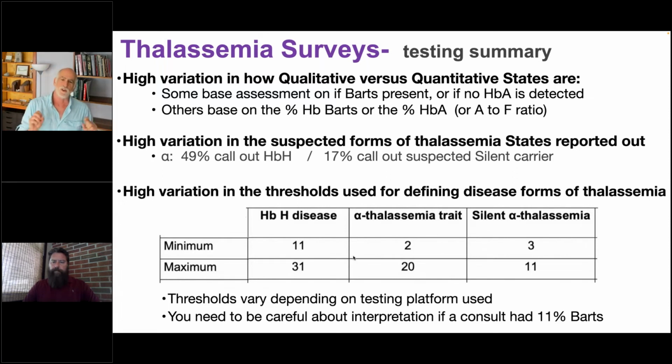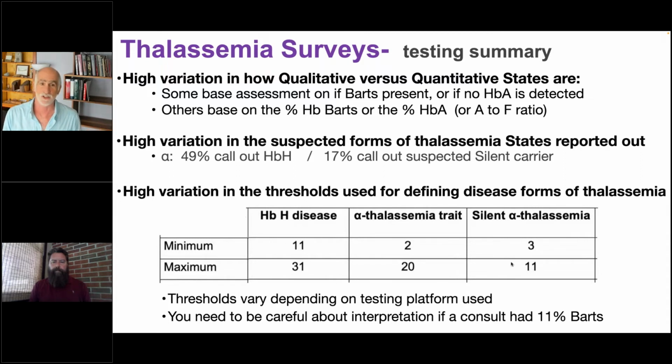The important thing to be aware of is, let's say you've got a consult on a child that had 11% Barts at birth. In one state, that child would be thought to have hemoglobin H disease. In another state, that child would be called thal trait. And in another state, it would be called a silent alpha thal.